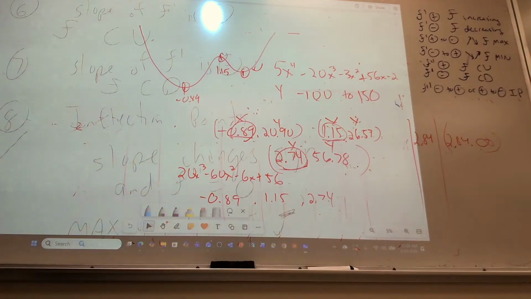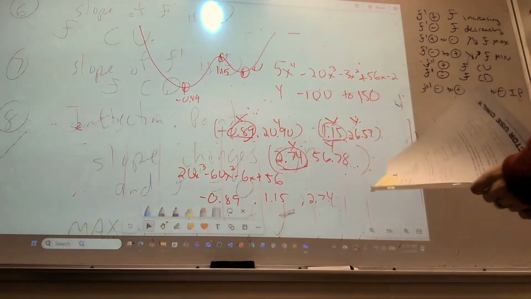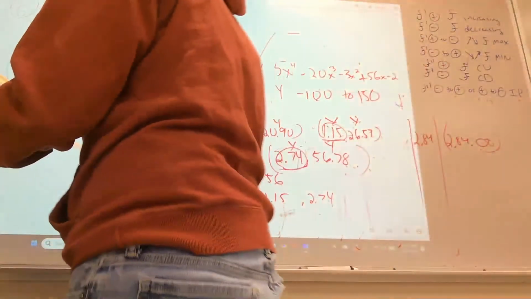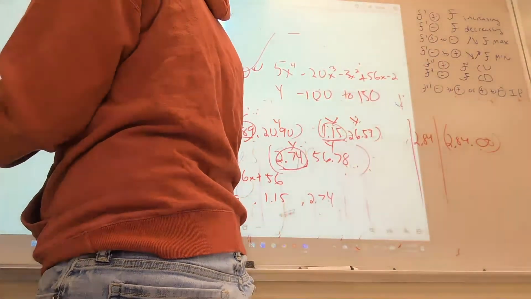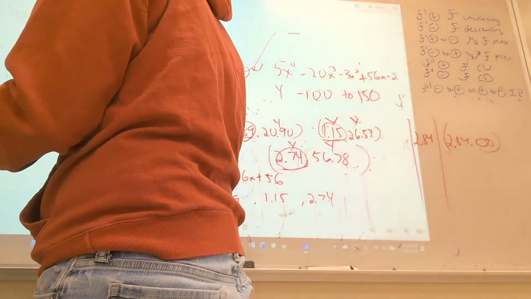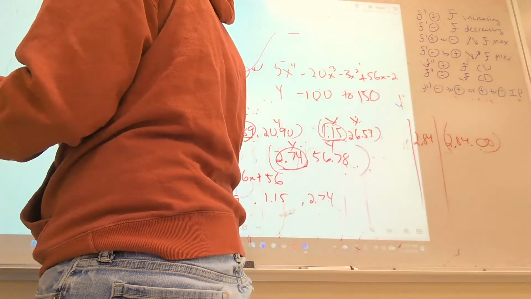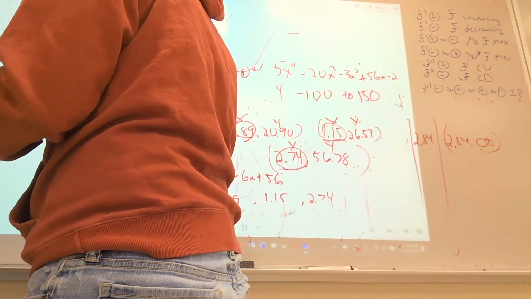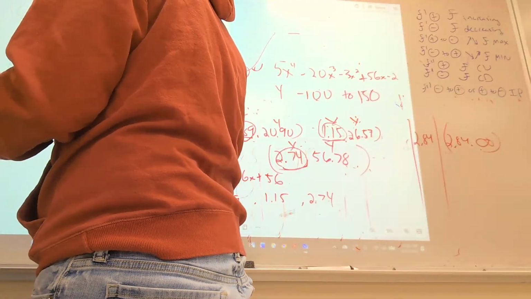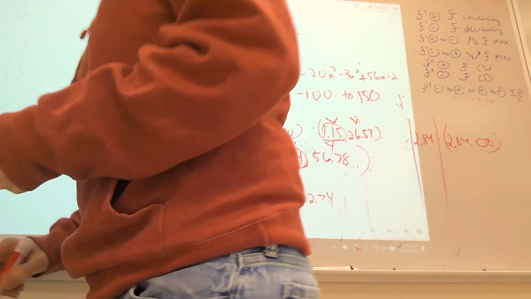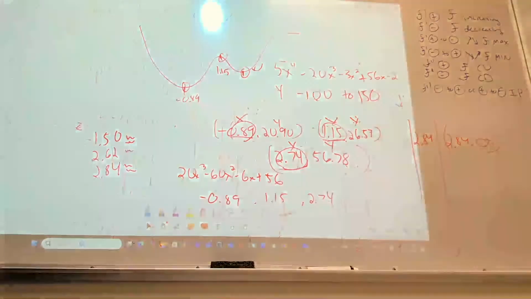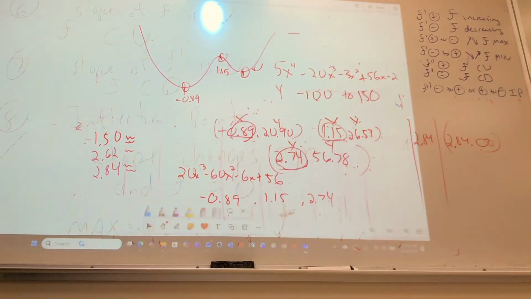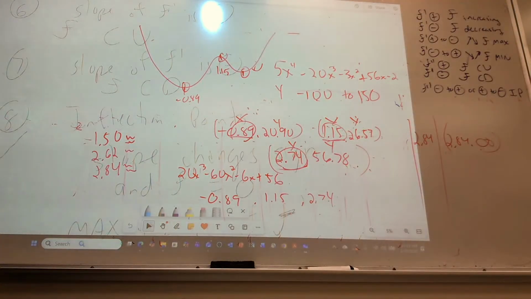Now you're plugging negative 1.5 into the original to get the values of those max and min. And you're plugging 2.62 into the original and 2.84 into the original. Remember how we plugged them into the original?